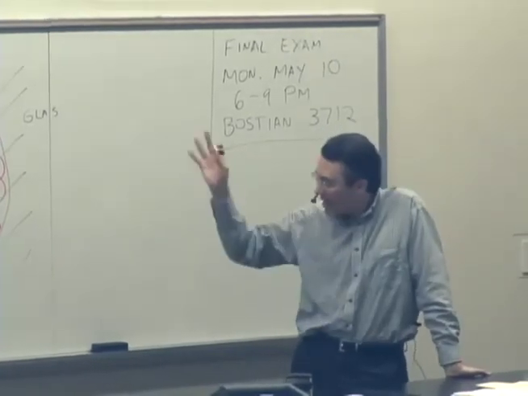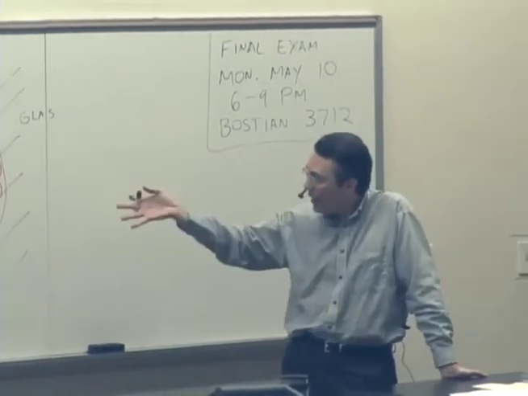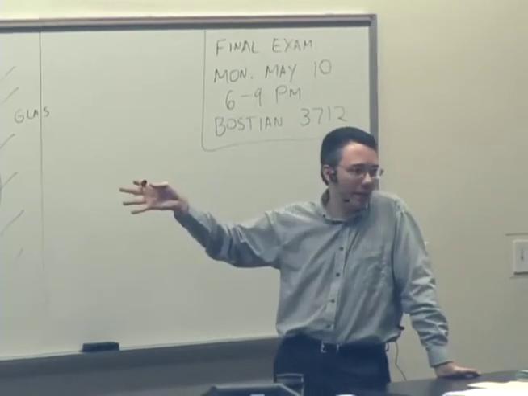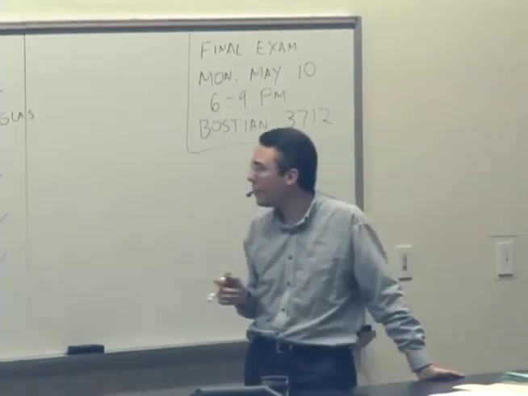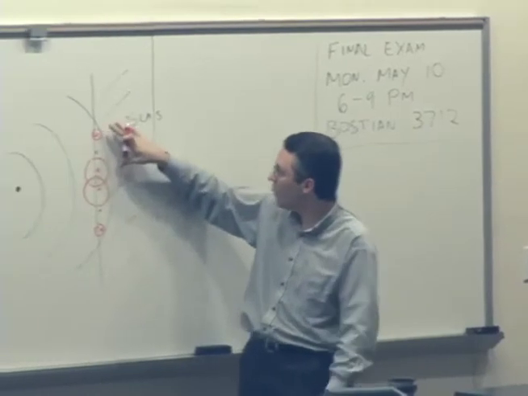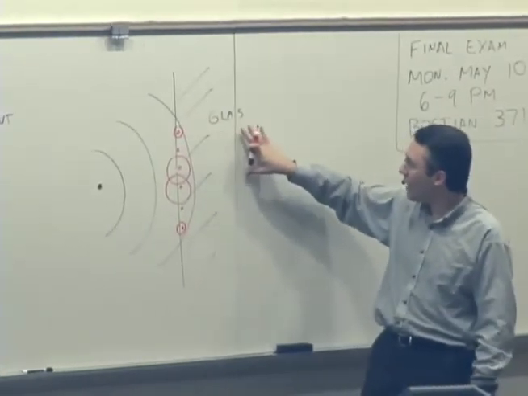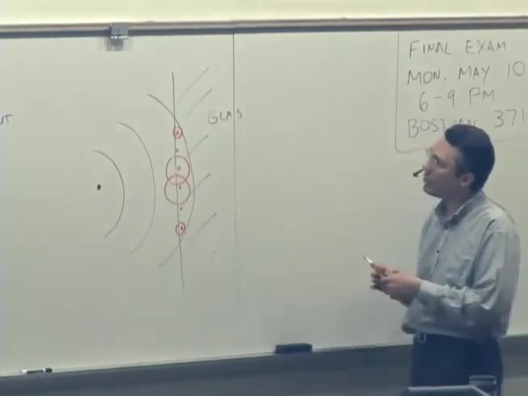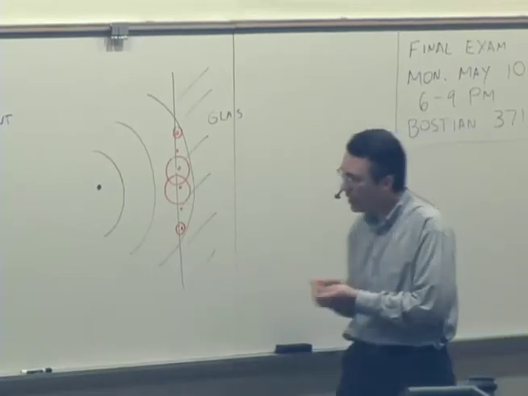It must be the case that when you add it all up, it doesn't all destructively interfere. You must get some constructive interference as well. And so some wavefronts, the net wavefronts, can actually propagate through the material.